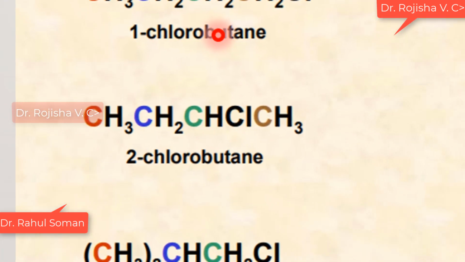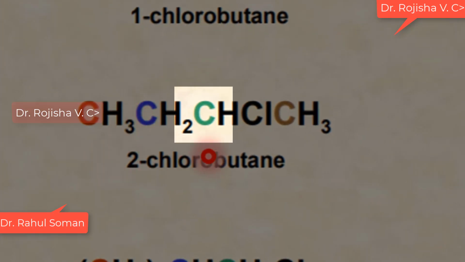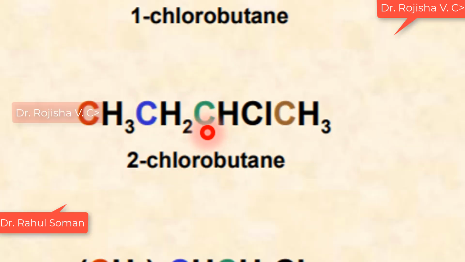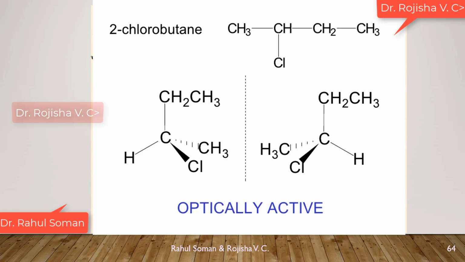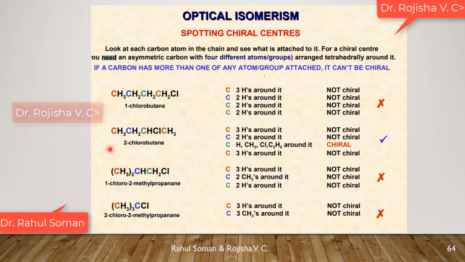Whereas in 2-chlorobutane, the green carbon is chiral because all four groups are different: one is hydrogen, one is chlorine, one is CH3, and one is ethyl. So there is an asymmetric center present in it. This can have an optical isomer or enantiomer, exhibited as plus 2-chlorobutane or minus 2-chlorobutane, or dextro and levo 2-chlorobutane.